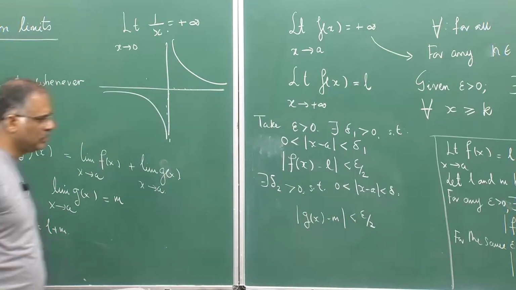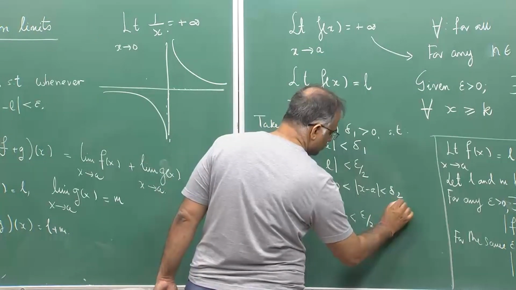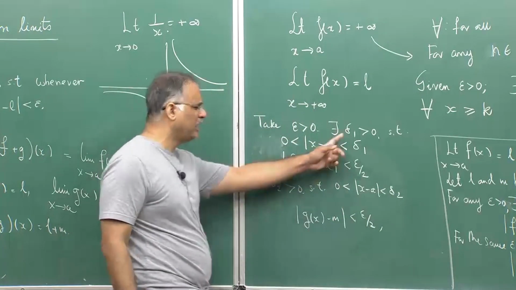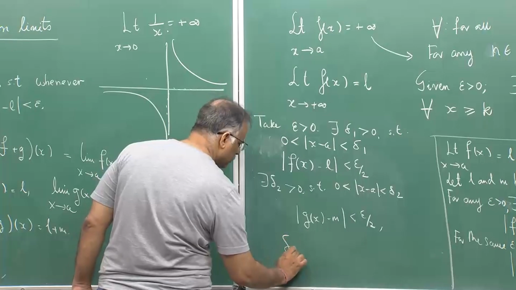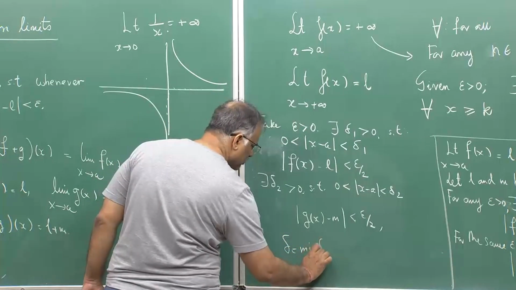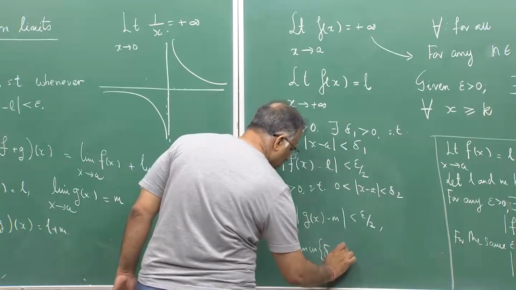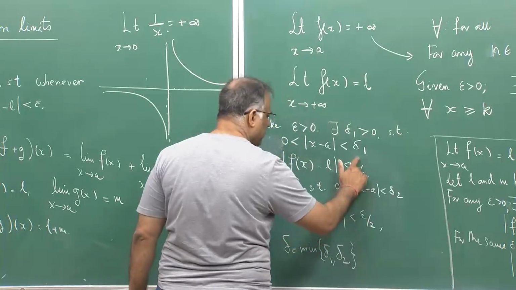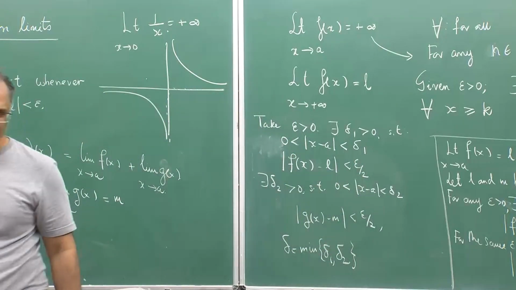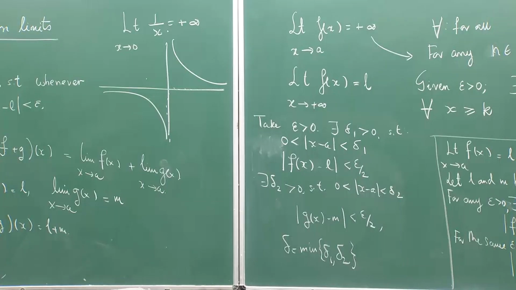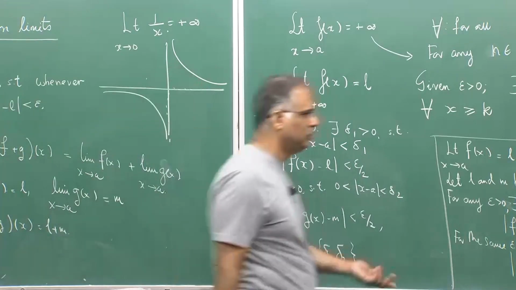Now, if I take the minimum of delta 1 and delta 2, both these would hold at the same time. So now you have a very simple job left to do.